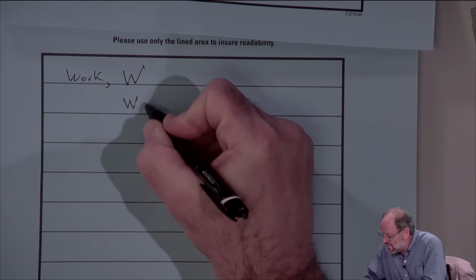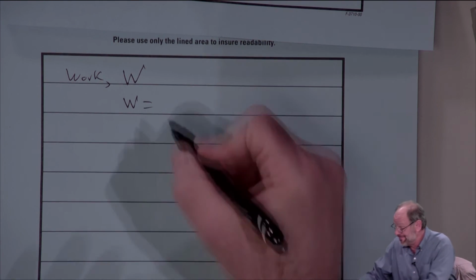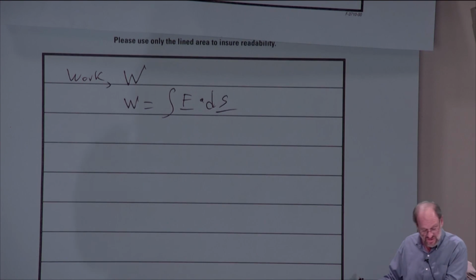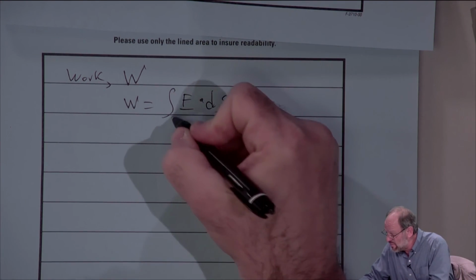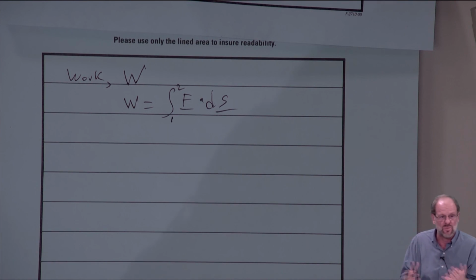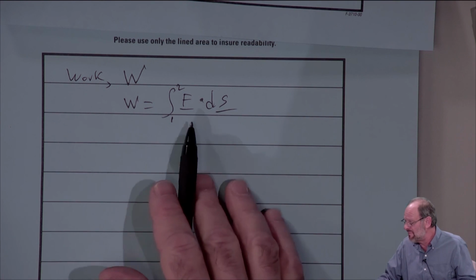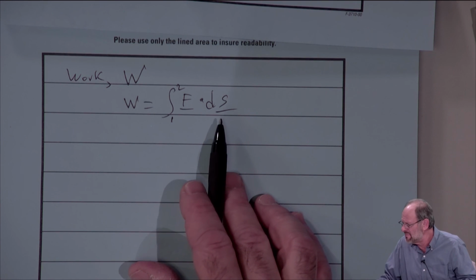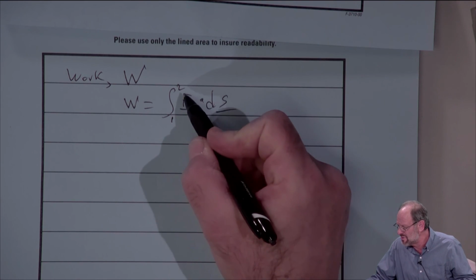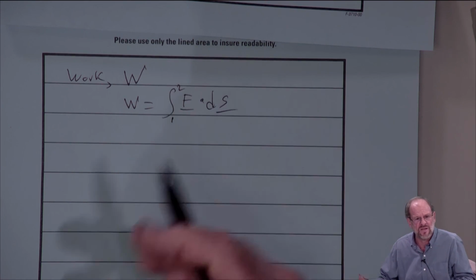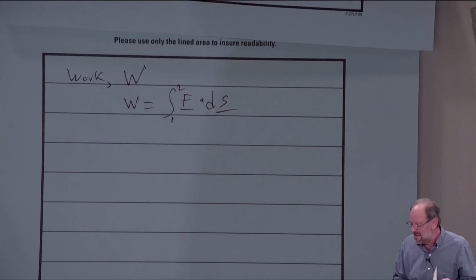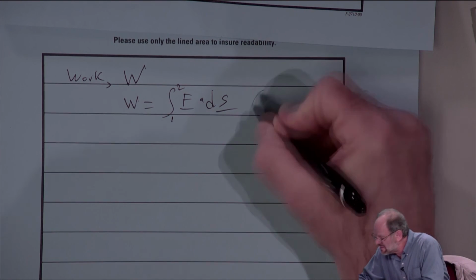And work is actually an integral of force dotted with a position change as we move through some process from some initial point 1 to some final point 2, right? So I just use underlines like that. That's the way I write vectors. Some instructors in statics and dynamics will put a line above it. Some will put an arrow above it. I've always just put a little line below it. But basically that is our definition of work as we would have learned in a mechanics class.